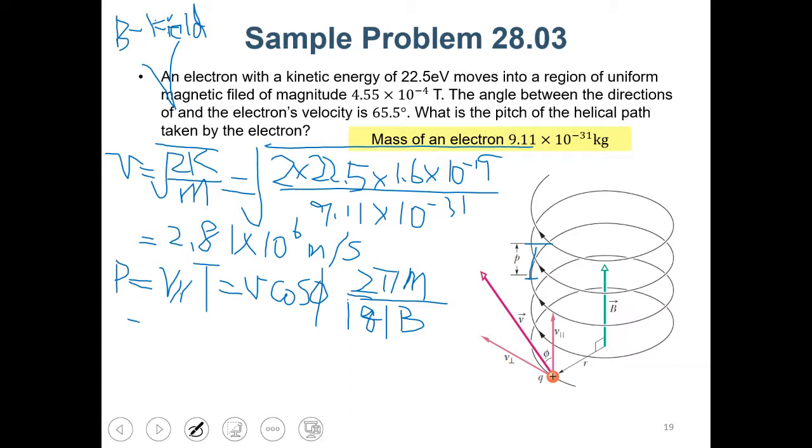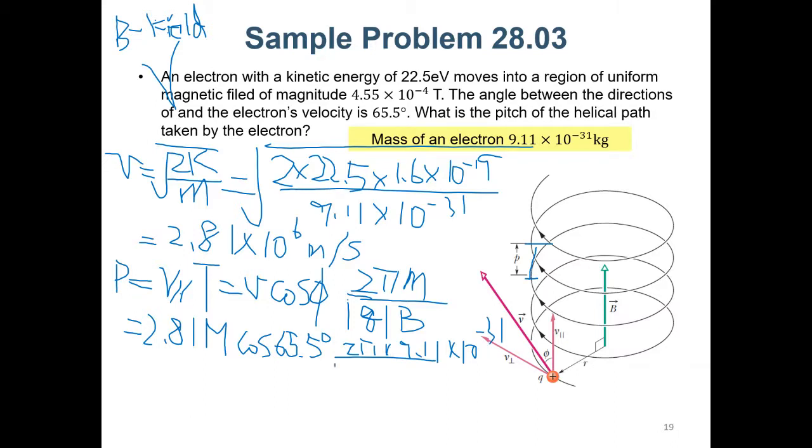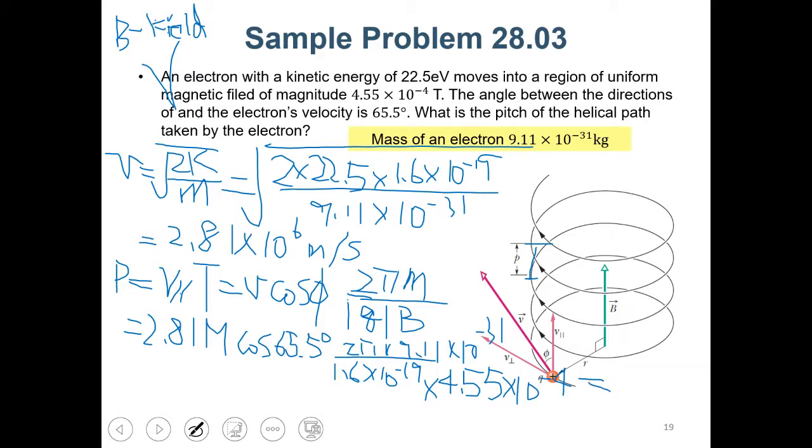So we plug in all the values: 2.81 mega times cosine 65.5 degrees, times 2 pi times 9.11 times 10 to the minus 31 over 1.6 times 10 to the minus 19 times 4.55 times 10 to the minus 4. So it will be something like 9.16 cm.